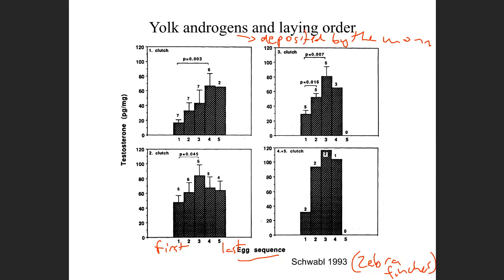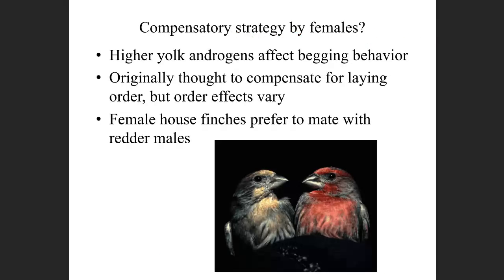Earlier laid eggs have an advantage because they start developing a little earlier. They might hatch a little earlier and be a little larger. The later developing eggs were given more testosterone to help them beg more and compensate in growth. However, that was the original thinking.